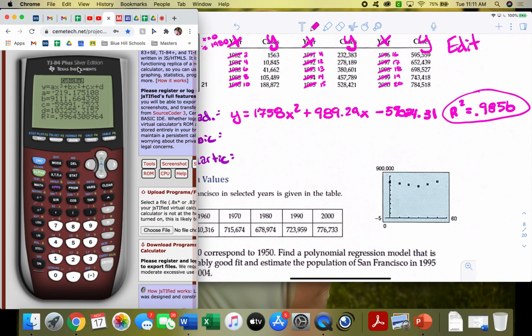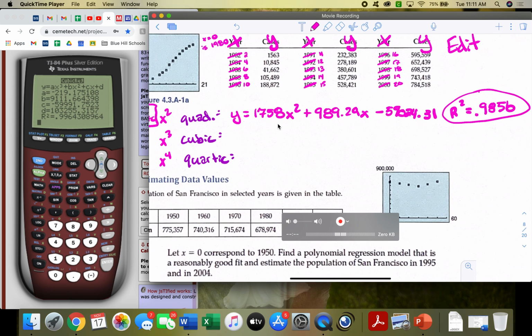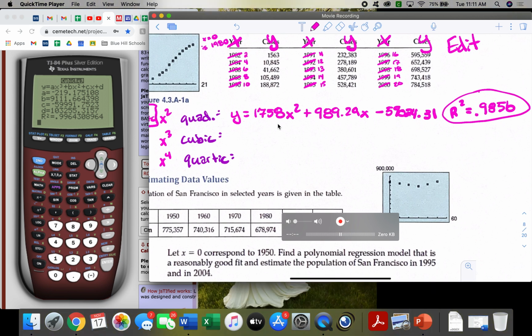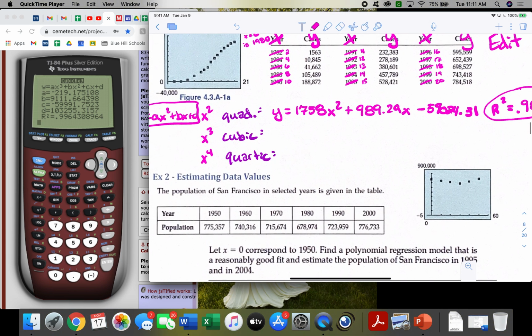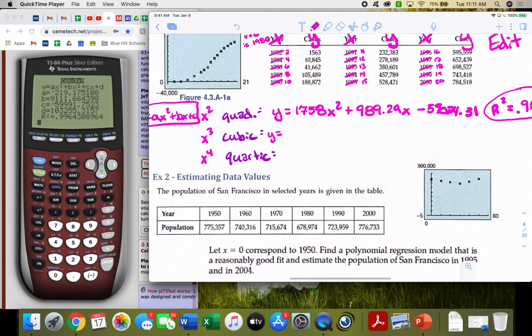Okay, so your cubic numbers. Y equals, we have a x cubed, and my a is negative 219.18, and that's x cubed.